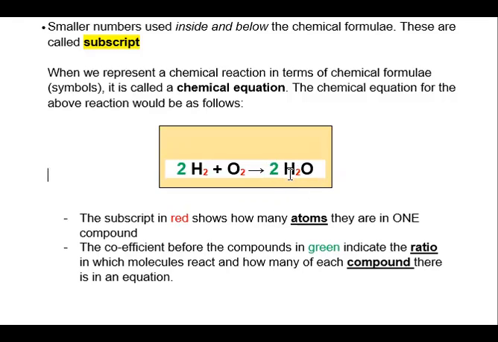Let's ignore the 2 there and just look at the red subscript. This tells us that there are 2 hydrogen atoms in one molecule of water. And we know that there's an imaginary 1 next to oxygen, so there's also 1 oxygen atom in one molecule of water. The green numbers are called coefficients, and they tell us how many compounds or how many molecules there are of that compound. Let me show you a picture equation quickly.